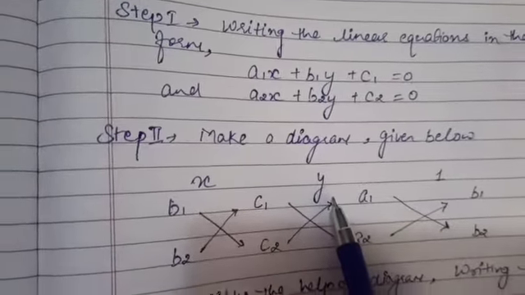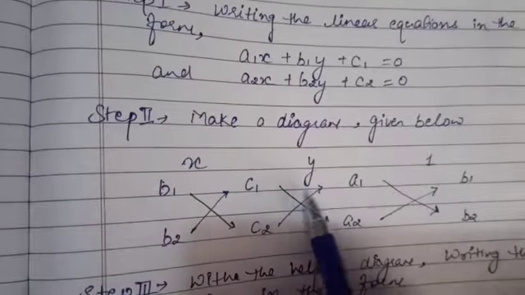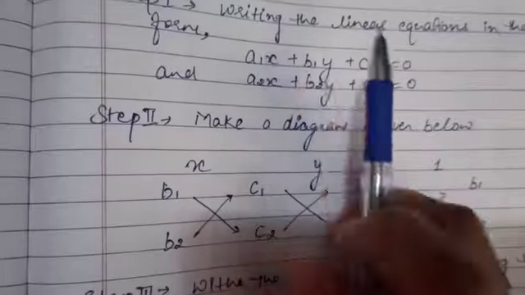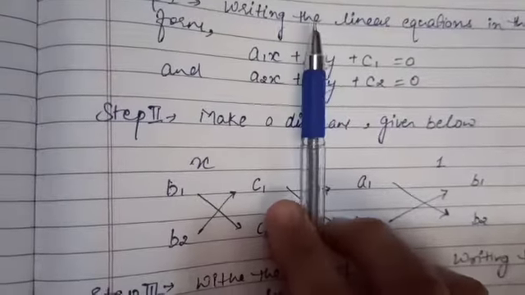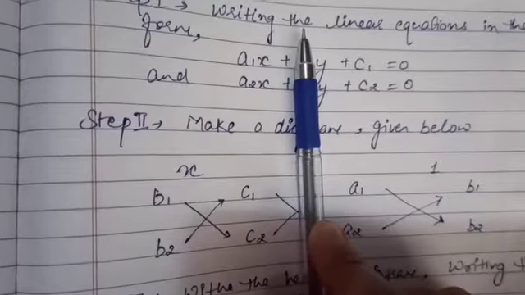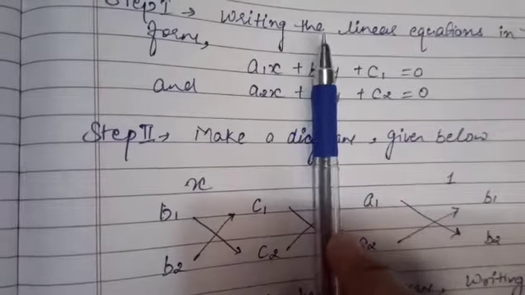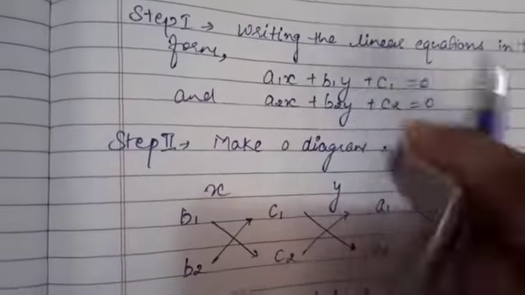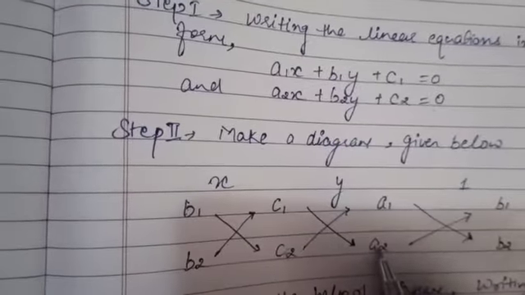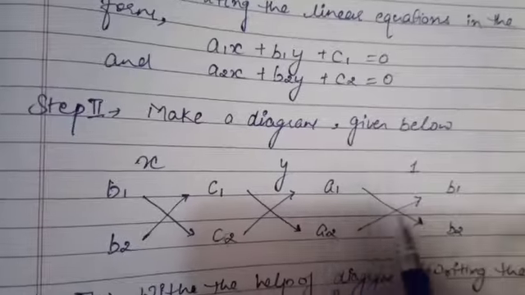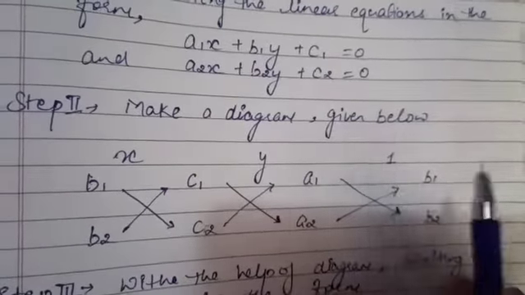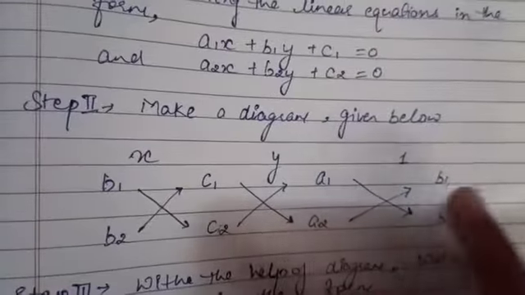Then under y will come the coefficients of x. Here you will hide the coefficient of y. So once the coefficients of y are hidden, what are you left with? You are left with the coefficients of x. So here the constant terms were already there, c1 and c2. You will write a1 and a2 here. And then comes the constant 1, and under the constant will come the terms a1, a2, b1, b2.